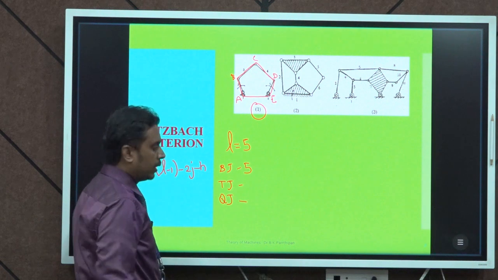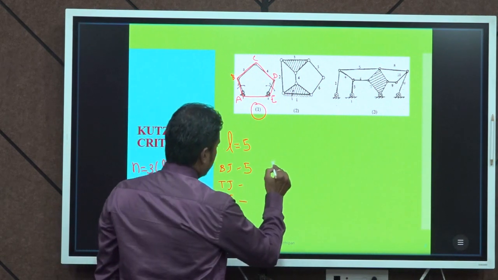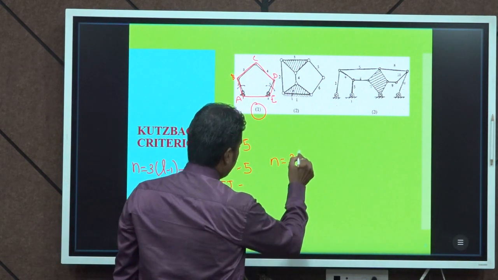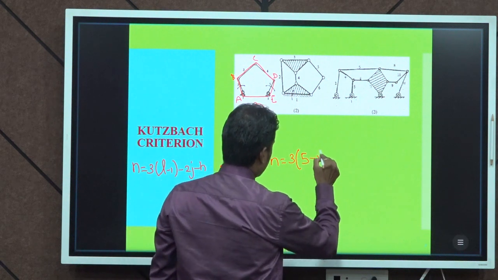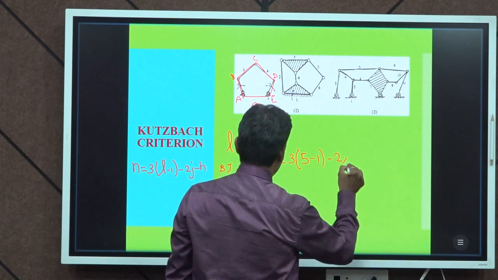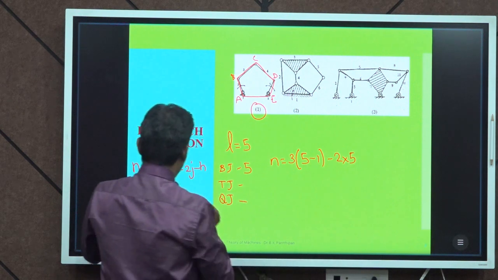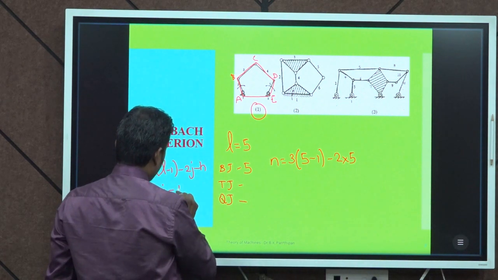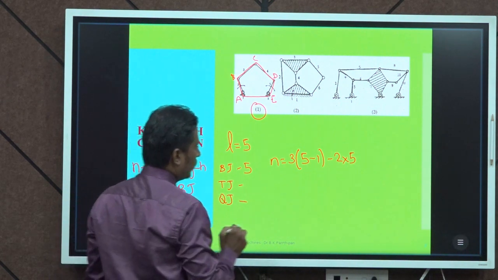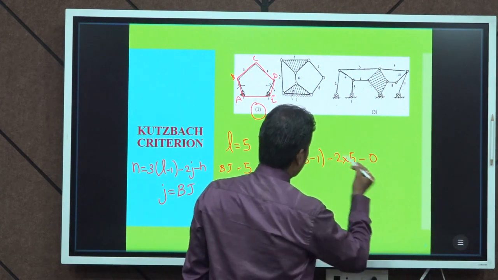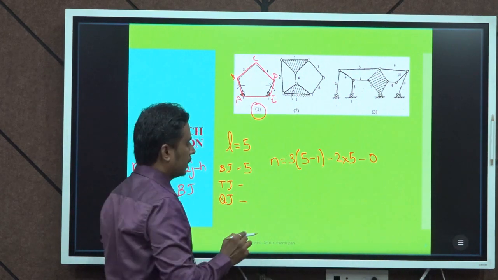Now, substitute in this formula: n is equal to 3 into (5 minus 1) minus 2 into 5, where J represents binary joints, minus higher pair. In none of the cases is a higher pair present.